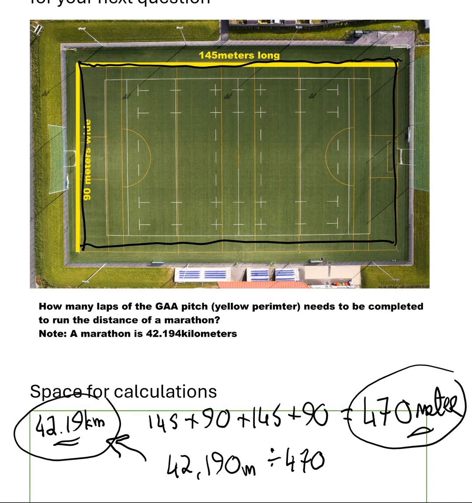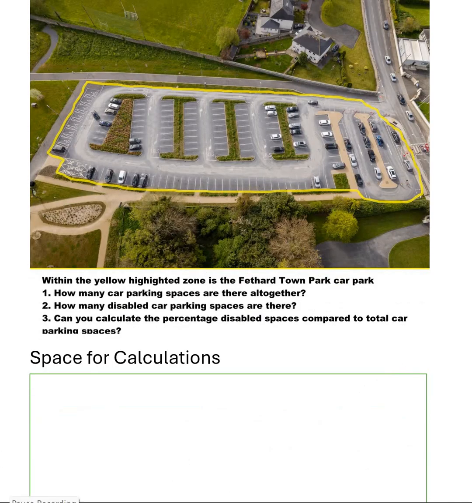When you do that, you get 89.77, correct to 2 decimal places. So in order to run the length of a marathon, you're going to have to do 89.77 laps of the Feathertown Park pitch.